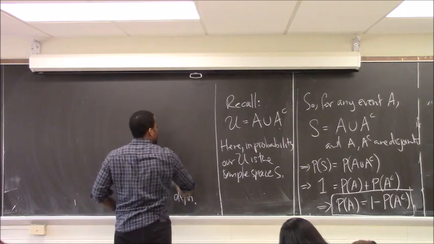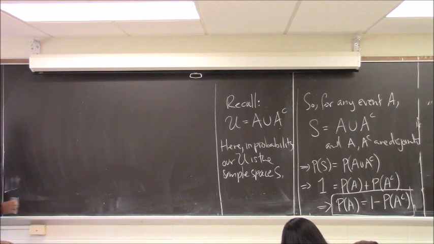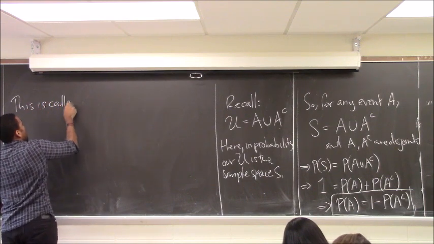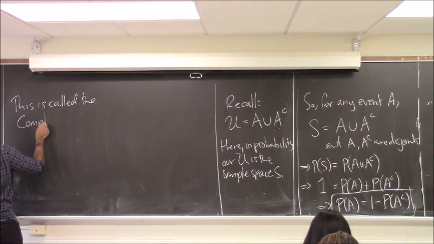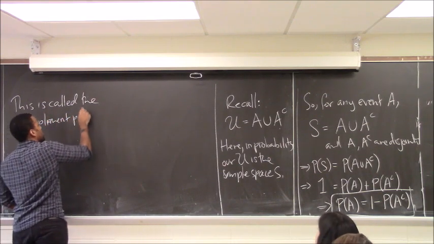Why? Because sometimes figuring out how something won't happen is going to be easier than figuring out how it will happen. So this is called the complement probability.